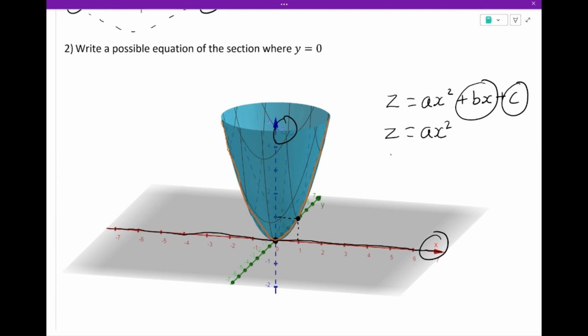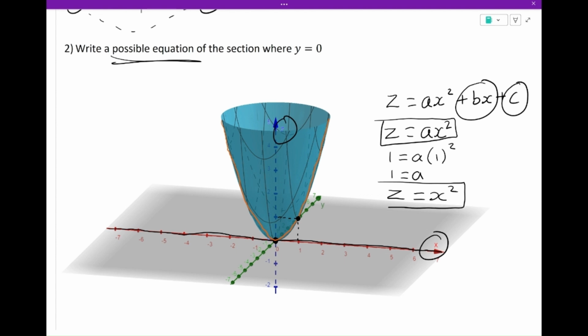We're saying that z is equal to 1 when x is equal to 1, so therefore a is going to come out as 1. That means my final answer would be z is equal to x squared. However, given that it's a possible equation, I think z equals ax squared would have sufficed for this. But if we're going to make that assumption, the final answer could be z is equal to x squared.